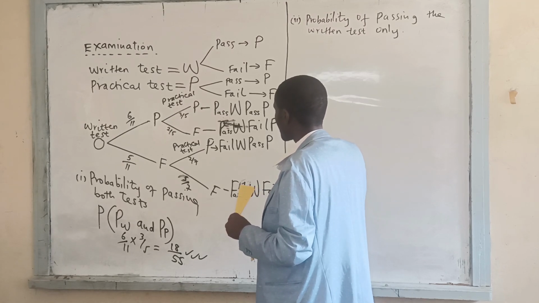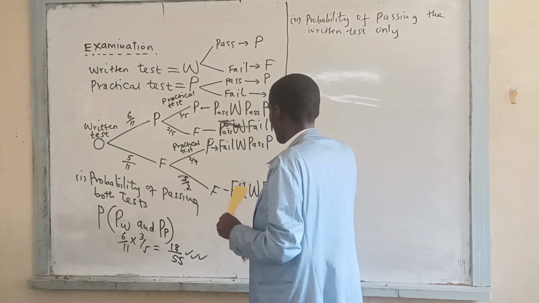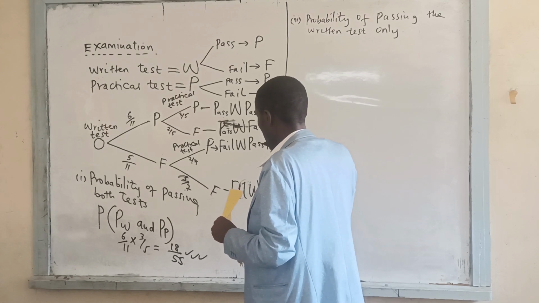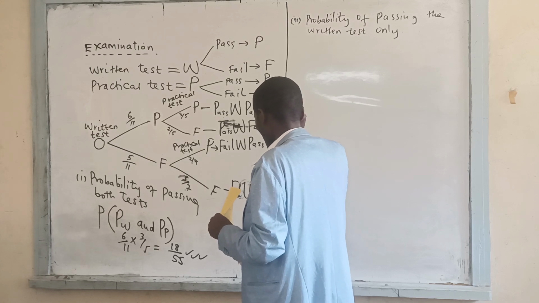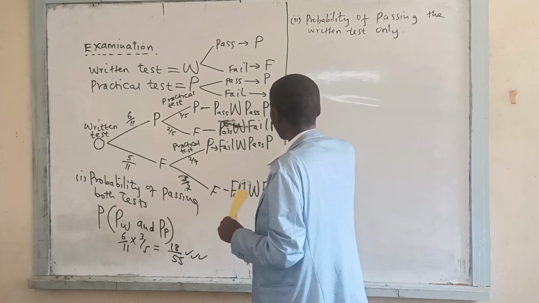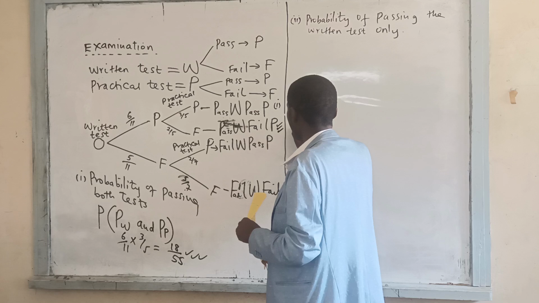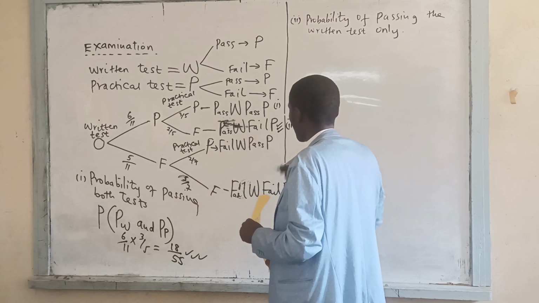I should look for that scenario where only the written test gets passed. That means the person fails the practical test. So this is the only option. Remember, this became our option for Roman 1. So this becomes our option for Roman 2.